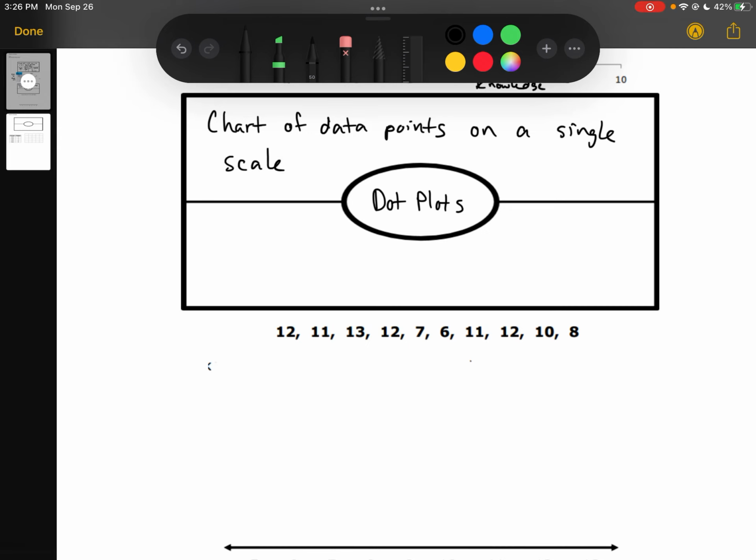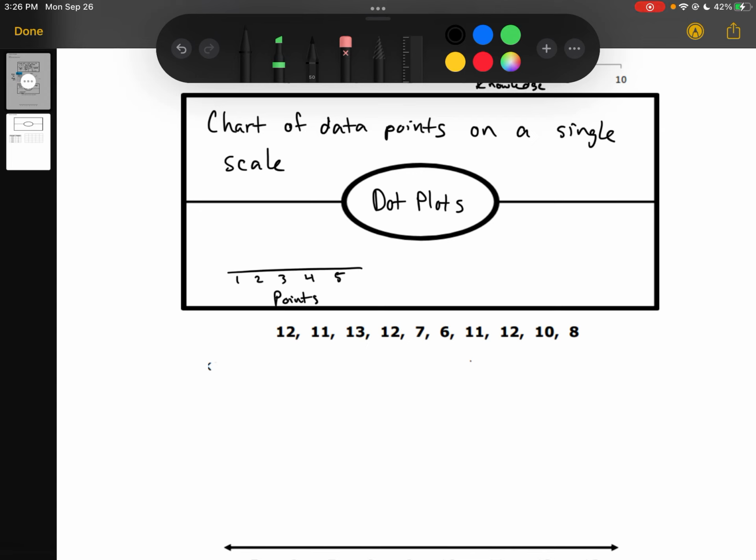So if we're thinking about x and y axis and all those different types of things, it's literally just going to be one scale, just from left to right. And we're still going to want to label it, so whatever that might be, might just be points. And we want to label and not skip any values of anything that we might be graphing.